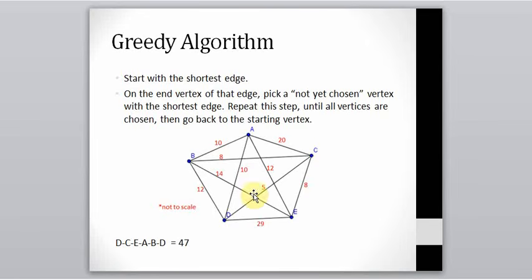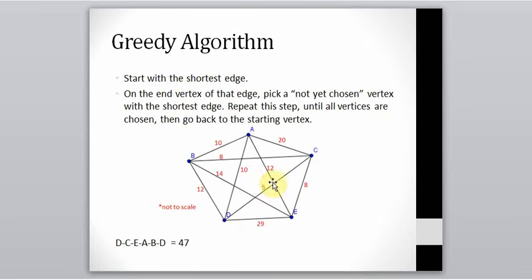So again, from the first step, we have the shortest edge, D to C, and we are now on C. From this vertex, we look for the shortest edge which is not yet chosen. If you are on C, the distance from C to A is 20, to B is 8, to D is 5, and C to E is 8.